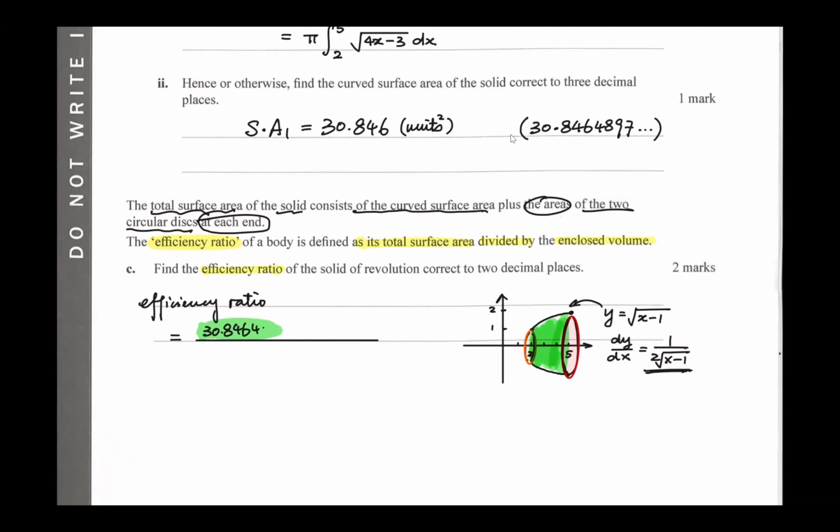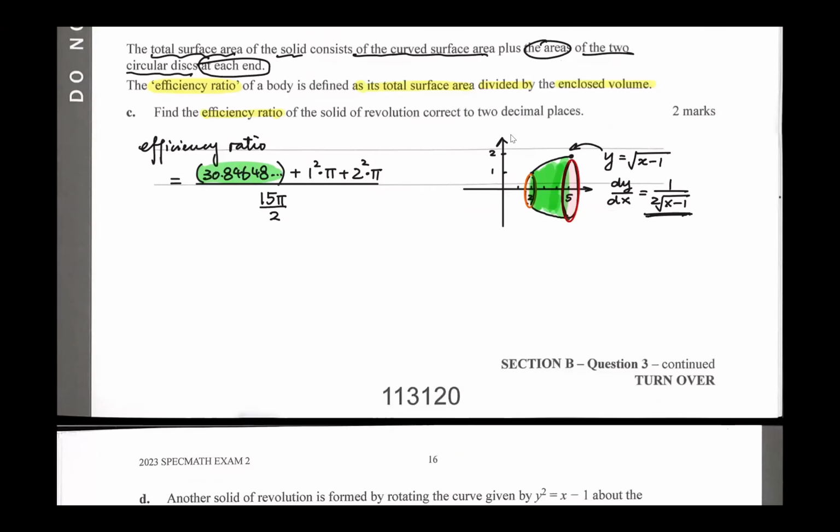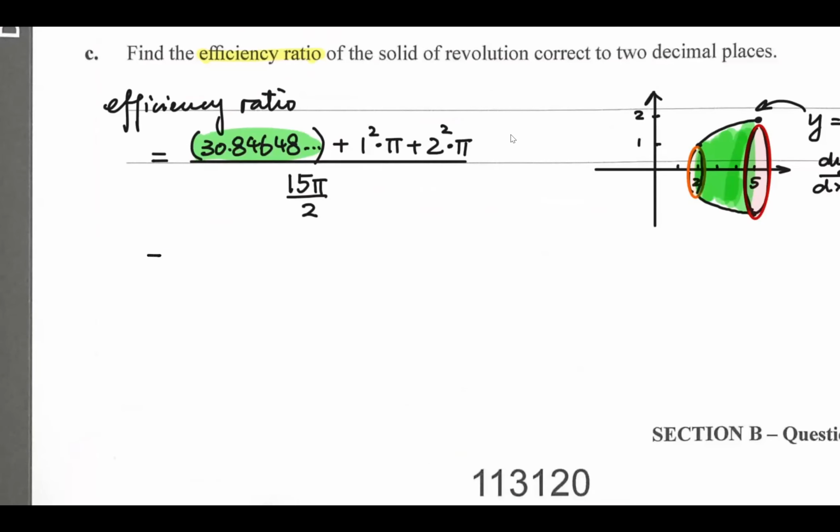30.846 plus the smaller circle has an area of 1 squared times pi plus a larger circle 2 squared times pi. The volume we get from previous part was 15 pi over 2. Okay, trust our CAS calculator.